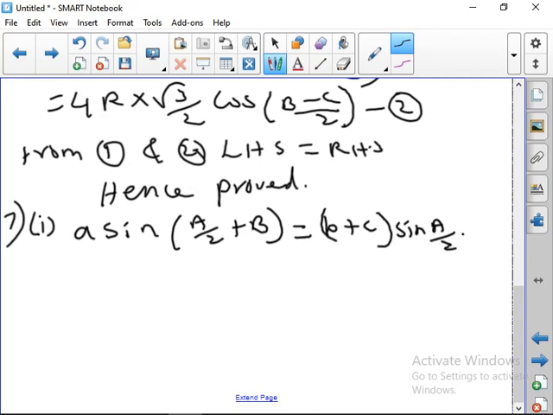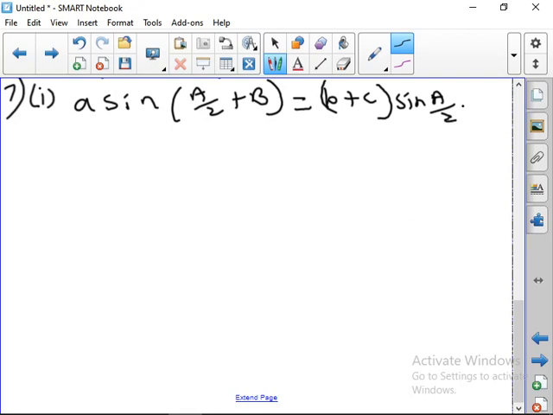Okay, this we have to prove. So now take the left hand side. So left hand side is equal to A sine A by 2 plus B.